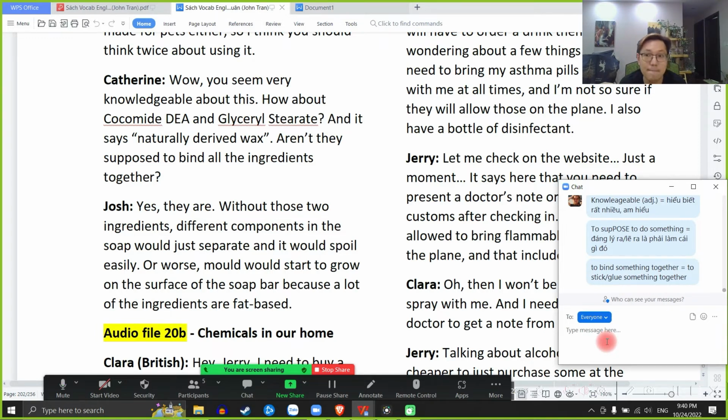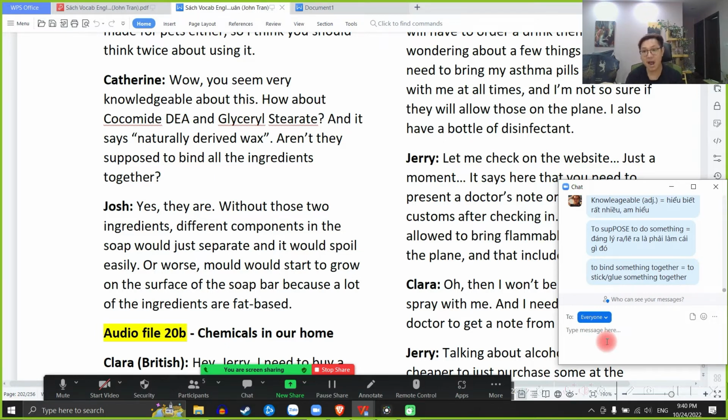Or worse, mold would start to grow on the surface of the soap bar.